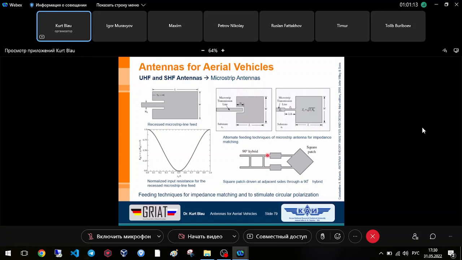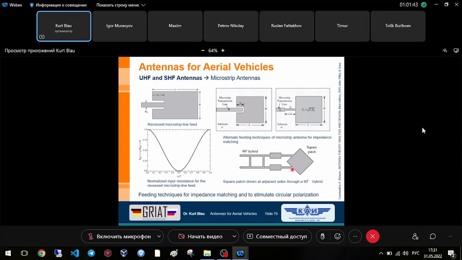Meaning if you have here in this case 0 degree relative and plus 90 degree, then you have to make here a 0 degree and here plus or minus 90 degree. And this is normally realized with the lengths, not here, but the phase difference must be realized exactly here at the feeding points of the square patch.